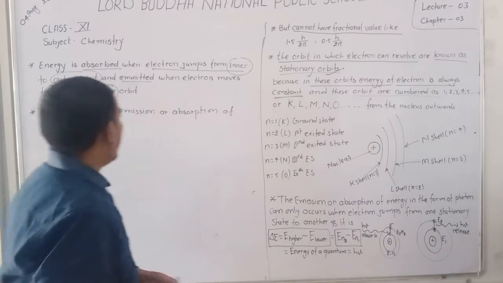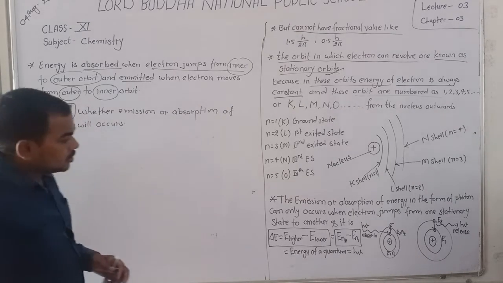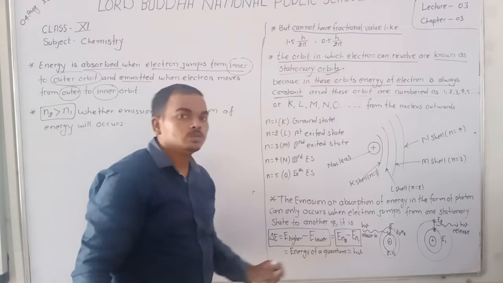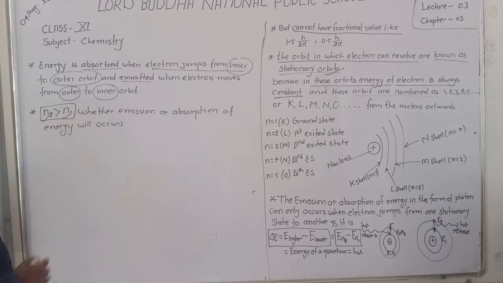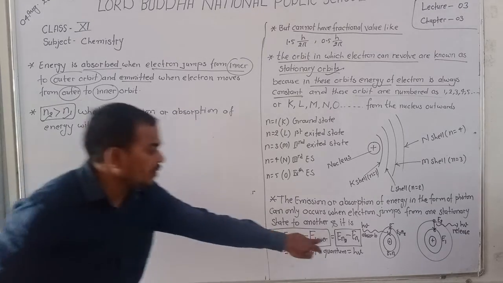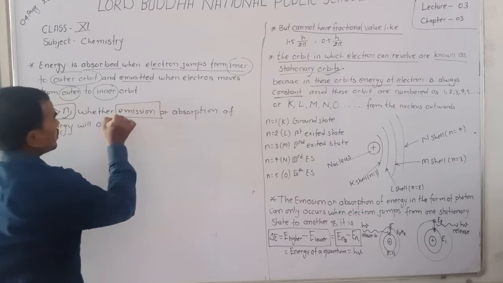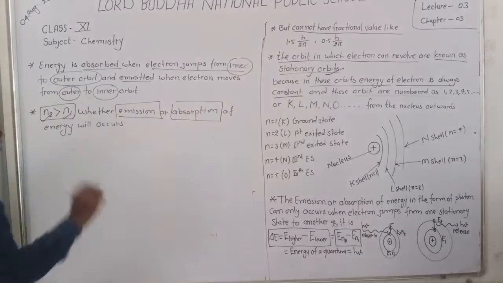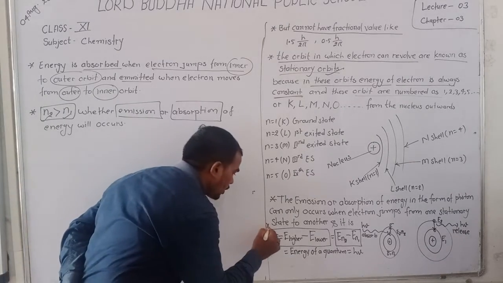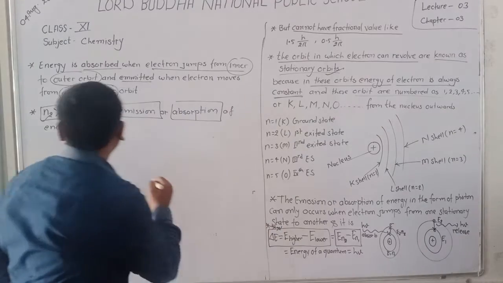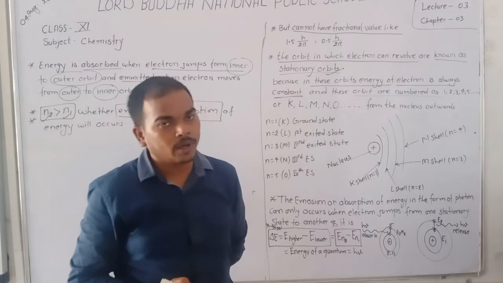And always remember that in the formula En2, n2 is always greater than n1, whenever emission or absorption of energy occurs. Yes, student, this is very important for you, and it is also an important point for the calculations related to Bohr's model of atoms.